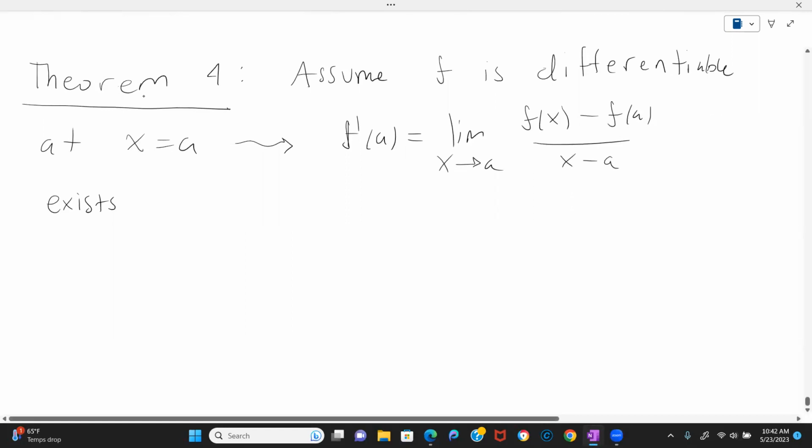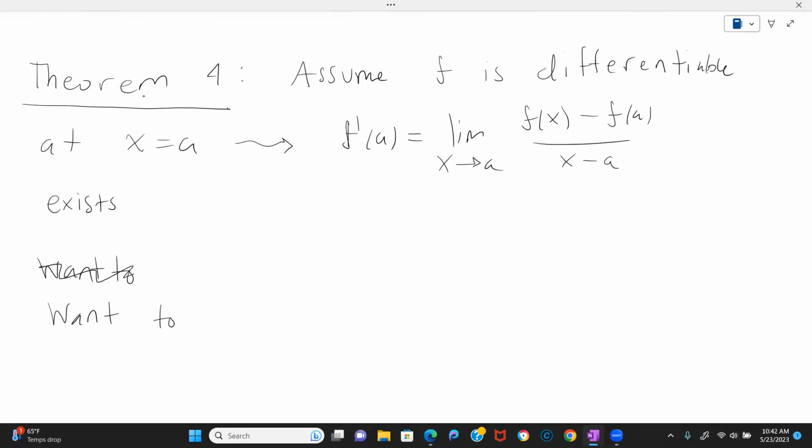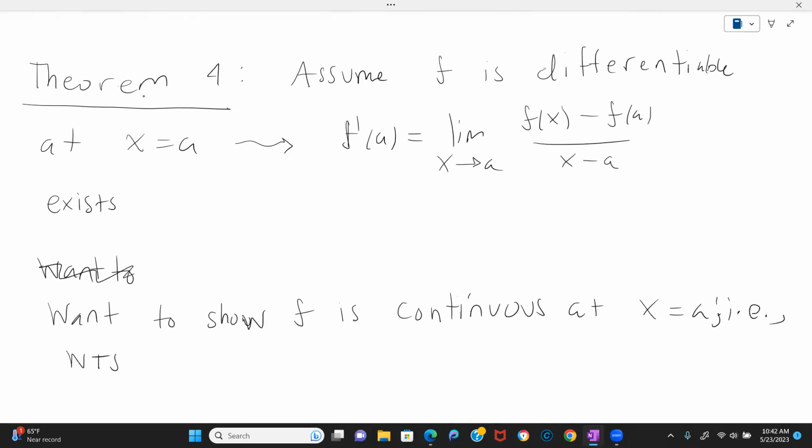So what we want to show, WTS just means want to show, is that f is continuous at x equals a. And what does that mean? We want to show that the limit as x goes to a of f of x is equal to f of a.